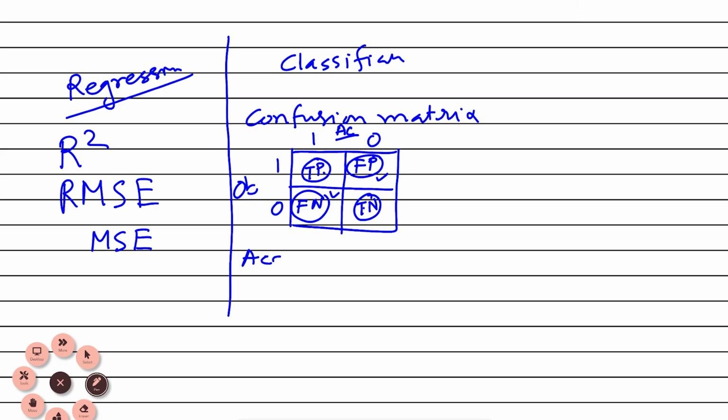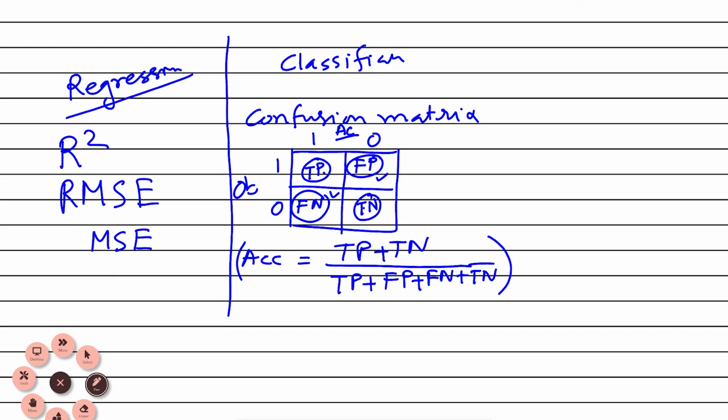In that case, accuracy will be TP plus TN divided by TP plus FP plus FN plus TN. So this is one example of how you can use this confusion matrix to determine one metric.